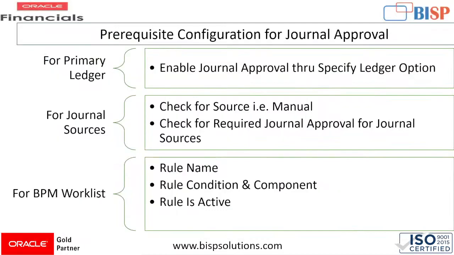We are unable to see the workflow in the BPM. So tomorrow we will create the rule name and condition and components we will provide, and the rule is activated.